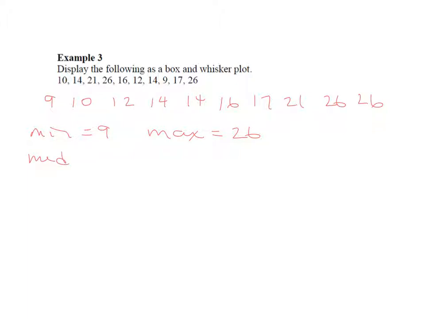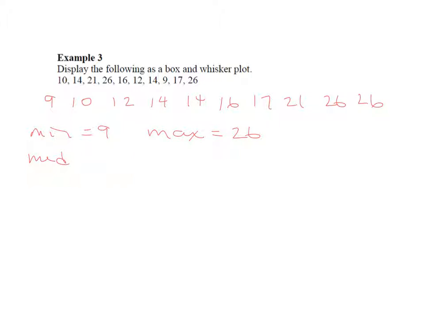So I've got 9, 10, 12, 14, 14, 16, 17, 21, 26, and 26. So my min is 9. My max is 26.